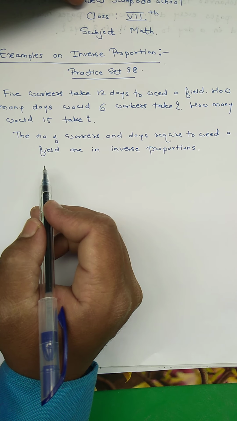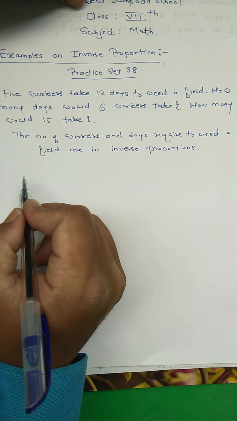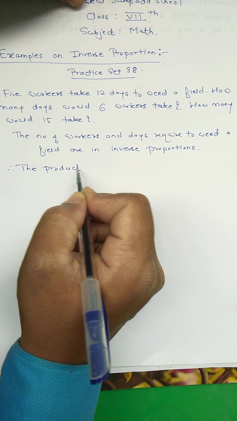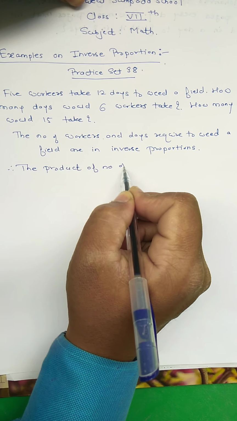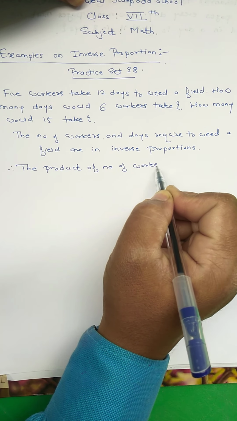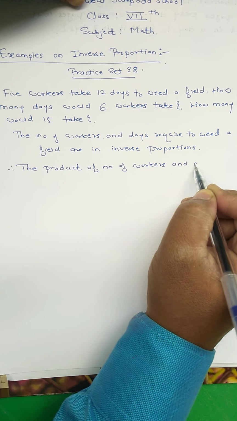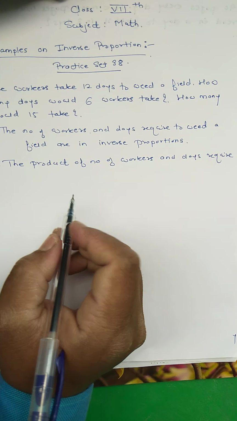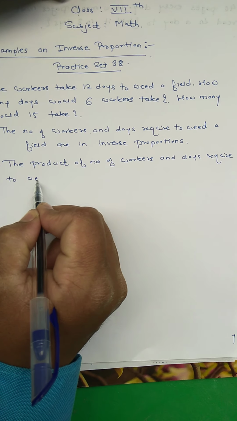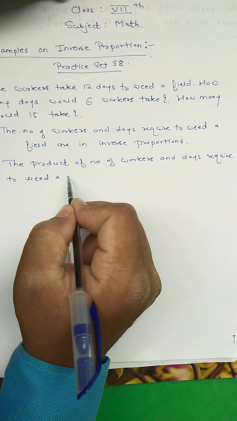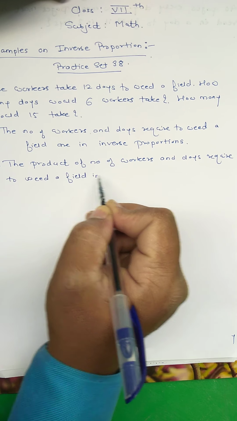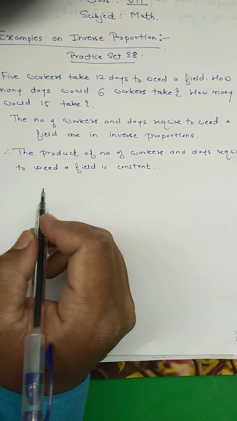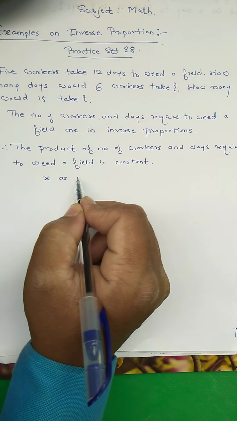Okay, but we know that the product of the number of workers and days required to weed a field is constant. Okay, to solve this problem, let us consider x as a variable.